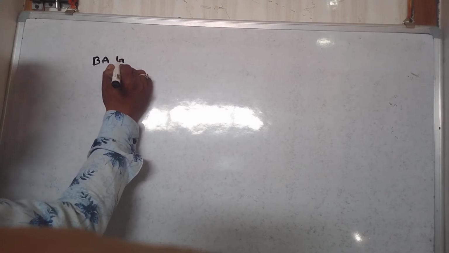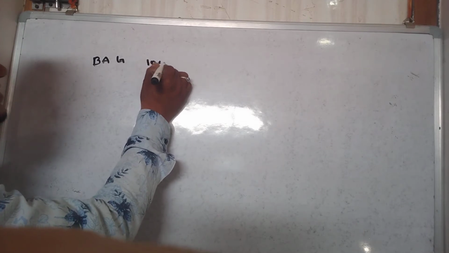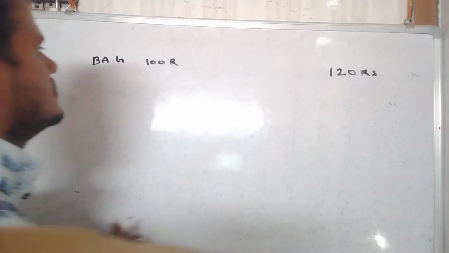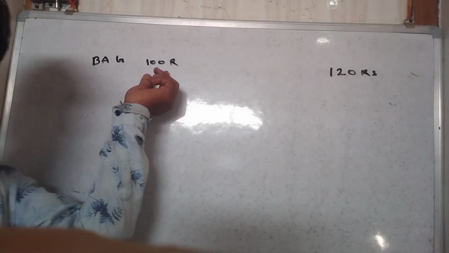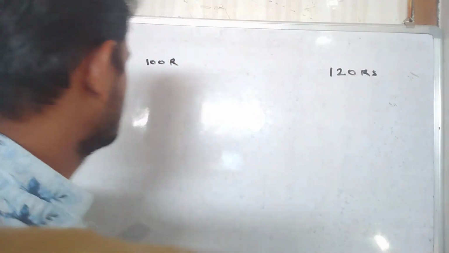The topic we are going to look at today is profit and loss. First of all, let's understand the basics. See here, you bought a bag for ₹100 and you sold it for ₹120.